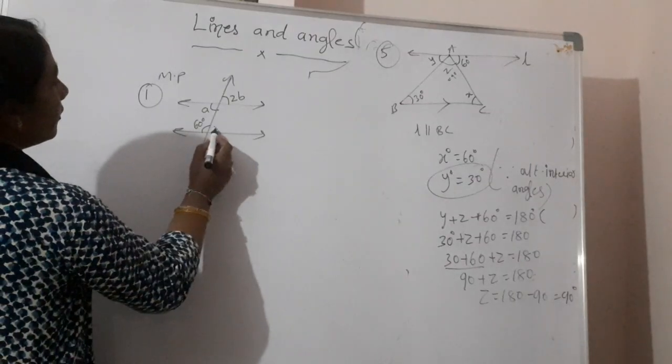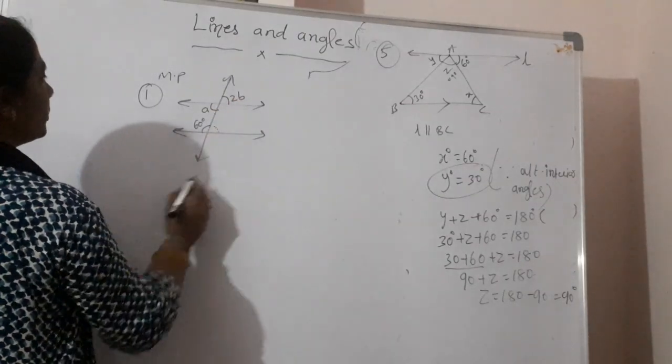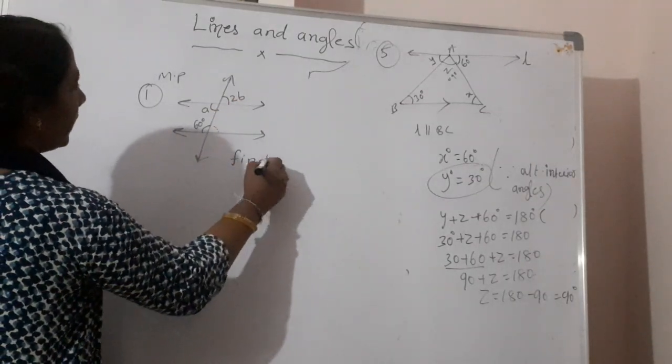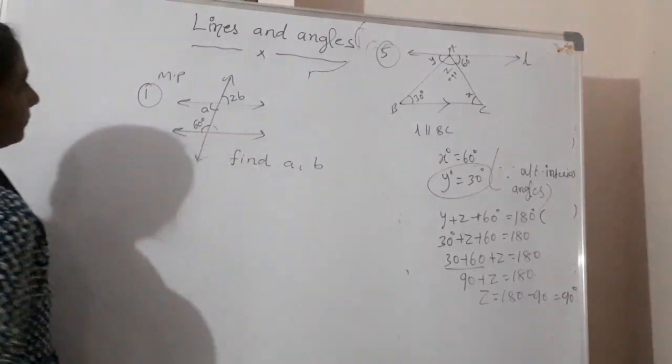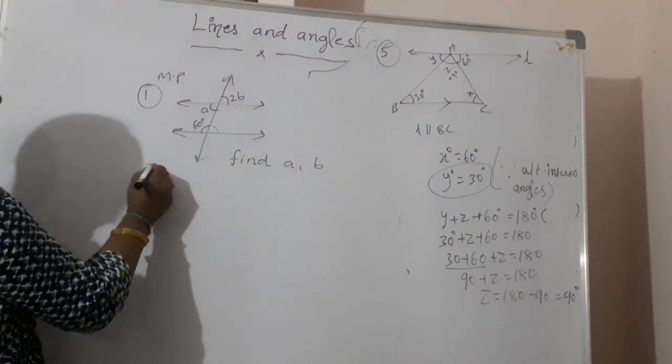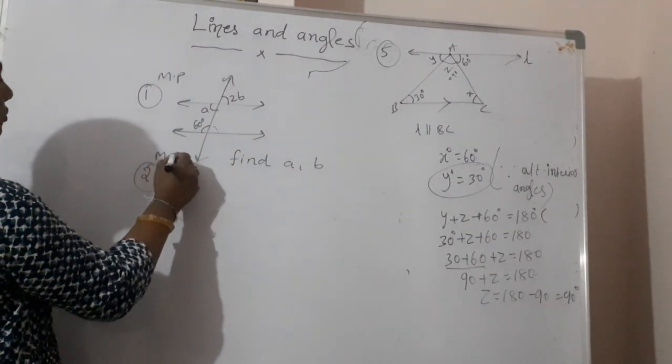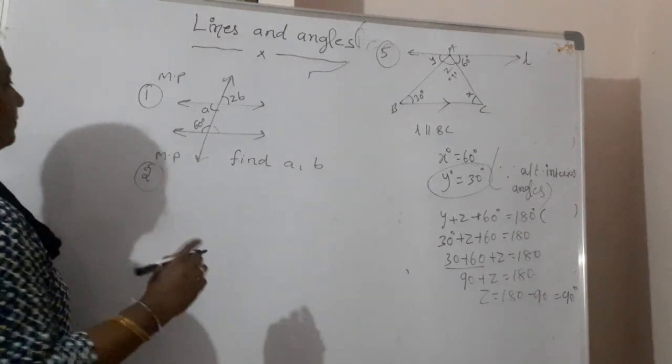Next 2B. You have to take like this. Find A comma B. Second question. Tomorrow I will give solutions. Be ready.